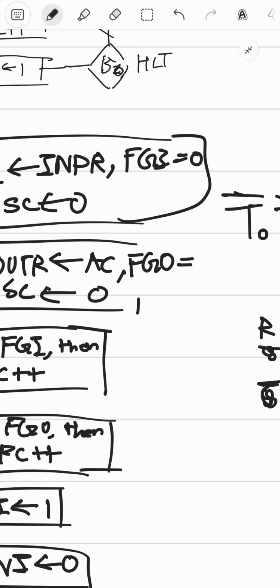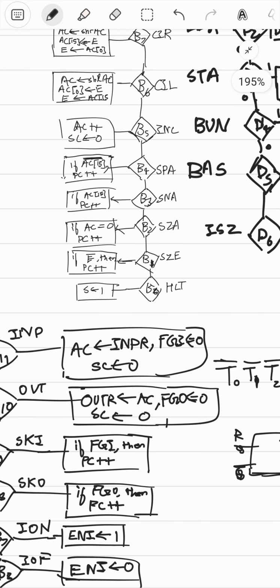Wait, no. What happens when you do this? Wait, what? Oh yeah, okay, it has to be 0 actually. Because just think about it, you have transmitted what was in the accumulator to the output register, but it hasn't gone to the device yet. So it has to be 0, right?